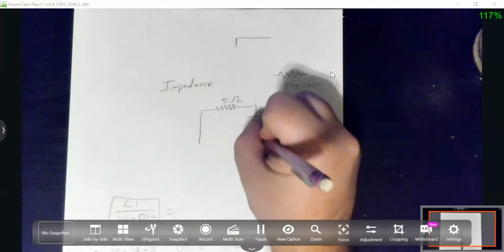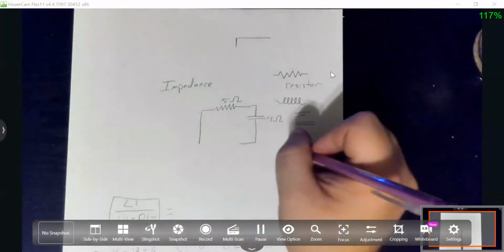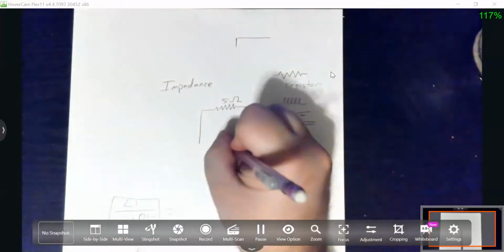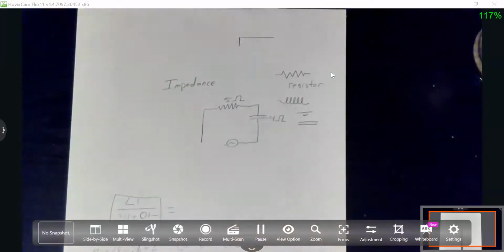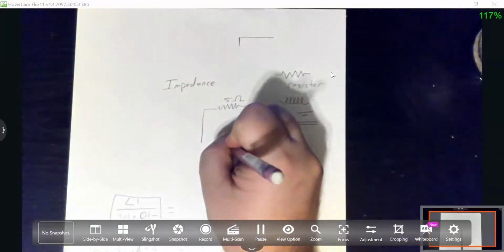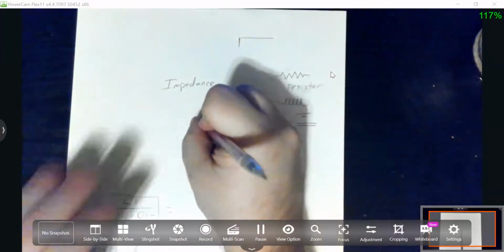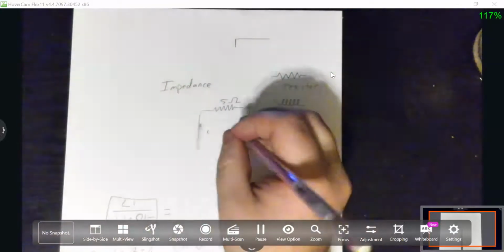Now let's put a couple more things in there. How about we have, maybe it's plugged into the wall or something. So we have a symbol. This symbol here would be an alternating current source. Your walls in your house use alternating current. When you plug something in, it goes into an alternating current source. And let's have an inductor.